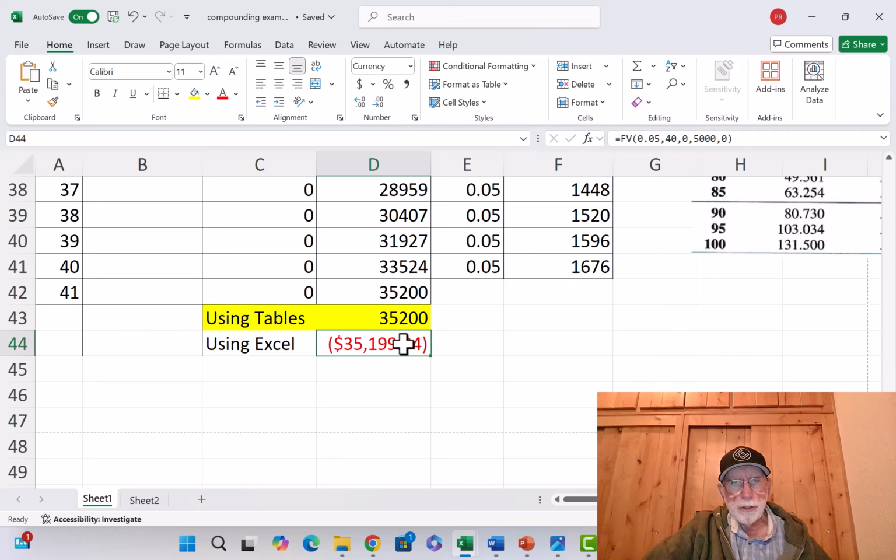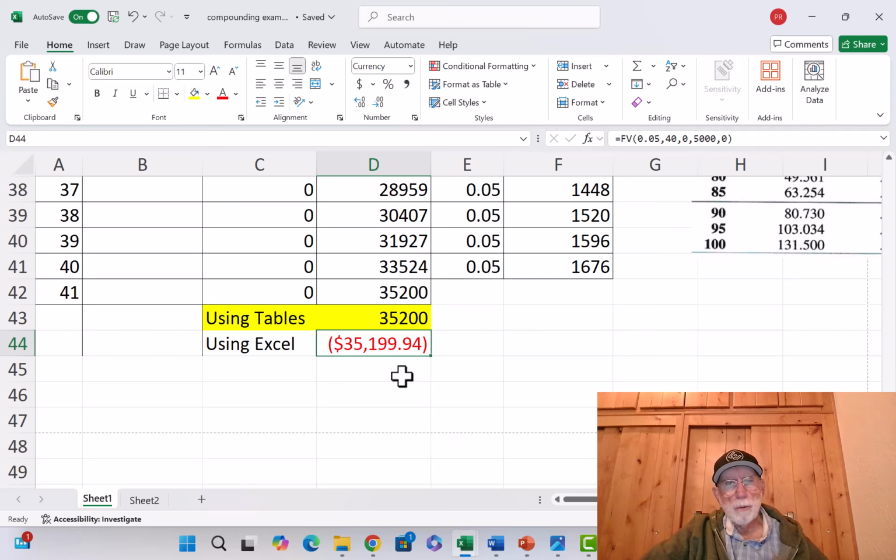Now, there are other ways that you can get this. If you still have a calculator, most calculators have future value and present value and various things on it. And I'm not going to demonstrate the uniform series because it's pretty much the same thing.